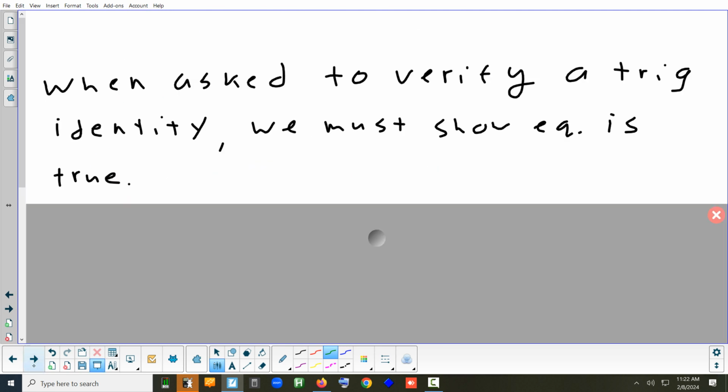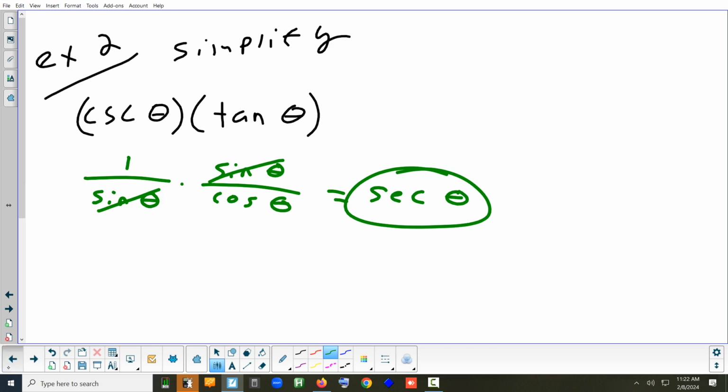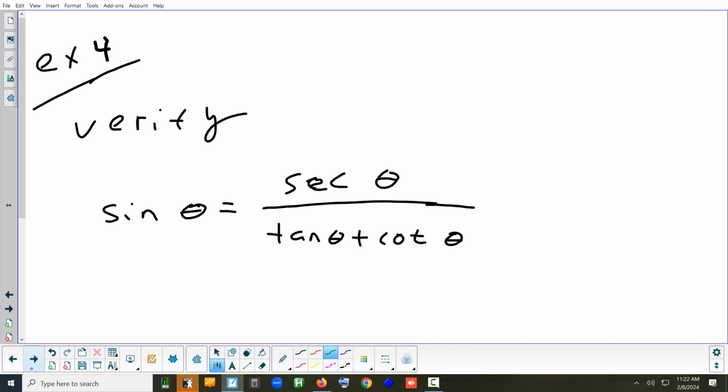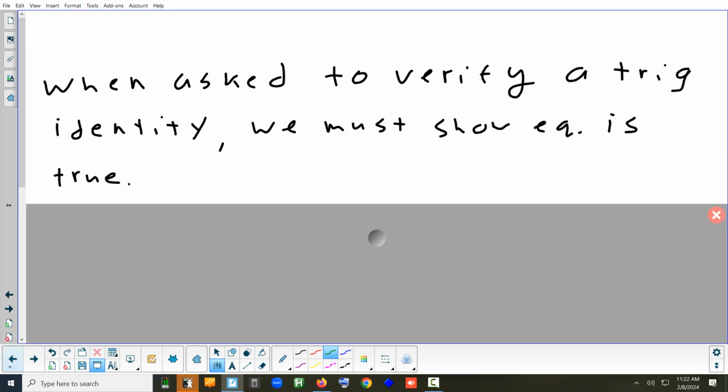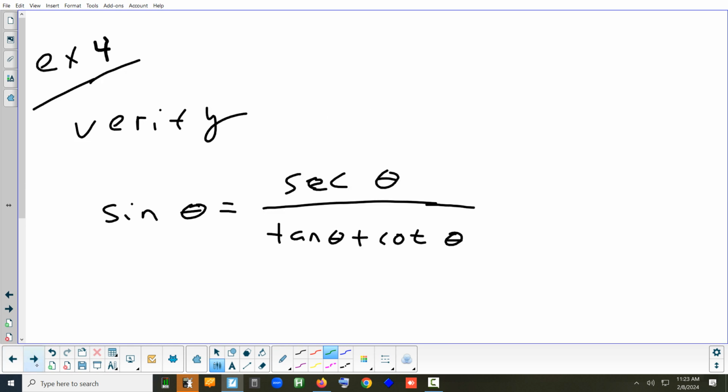Now, there's two kinds of directions you'll see on these problems. Some of them say simplify. Some of them say verify. The difference between simplify and verify is, with simplify, they give you a problem, and you work with it until you think you're done. Verify is easier. With verify, they give you a problem and they tell you what it's going to simplify to.